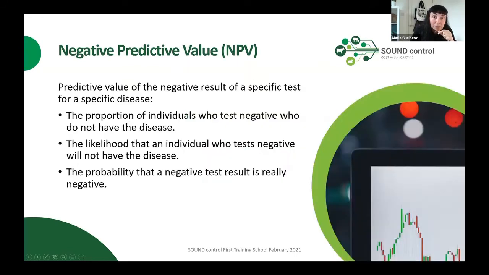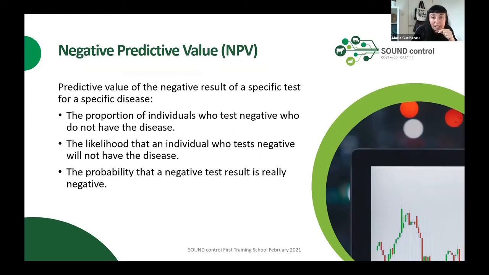The negative predictive value, which refers to a specific test and a specific disease, is the proportion of individuals who test negative who do not have the disease, or the likelihood that an individual who tests negative will not have the disease, or the probability that a negative result is really negative.